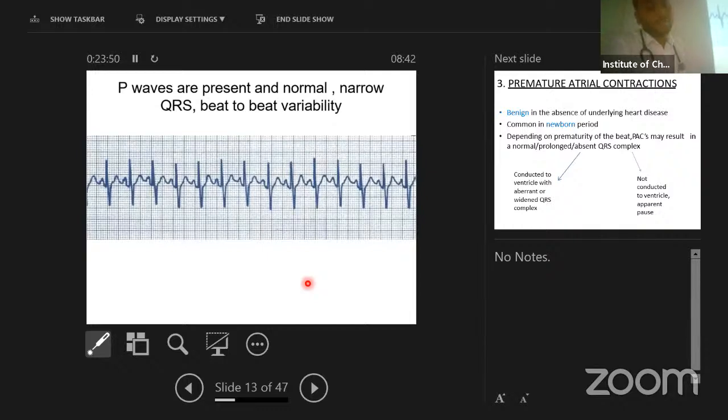Here the P waves are present and normal, with a narrow QRS complex, and beat-to-beat variability is present. This is the ECG for sinus tachycardia.